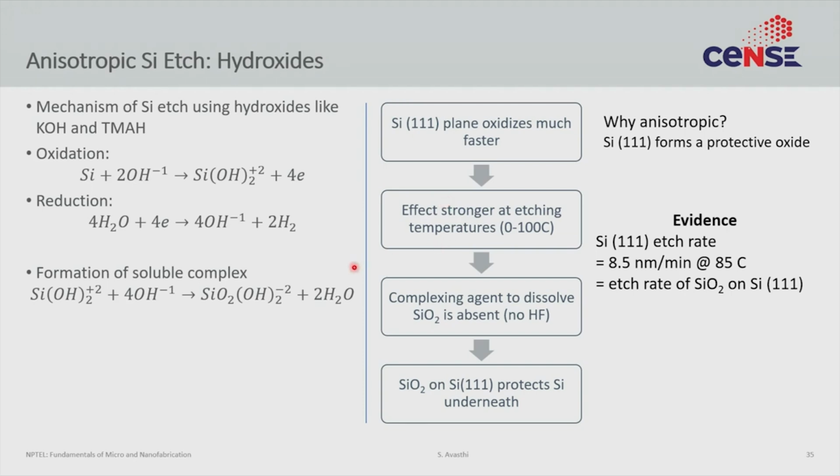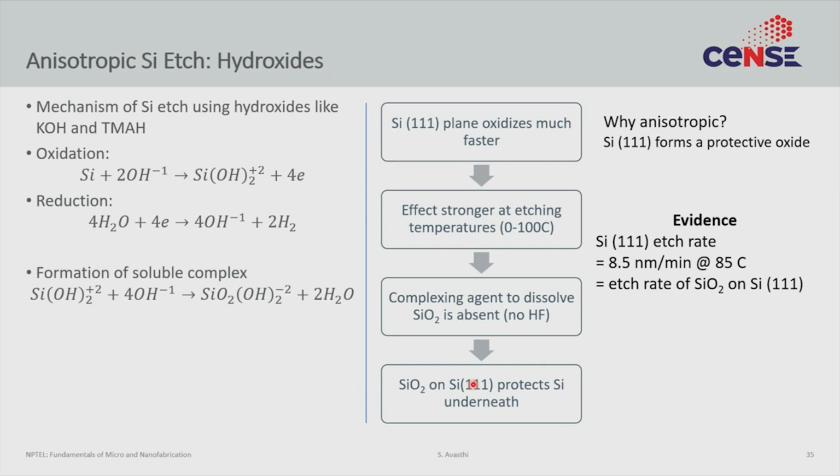But the silicon 100 does not have that protective oxide, so it continues to dissolve, and thereby you get etching only in the 100 direction, but the 111 direction continues to remain protected.